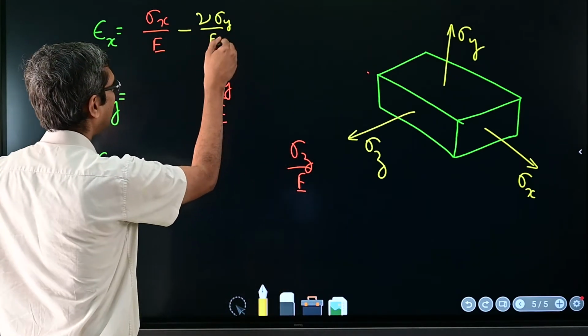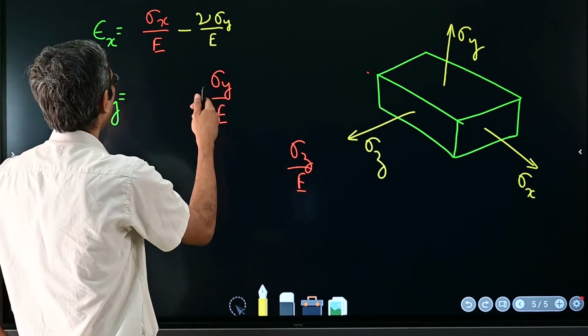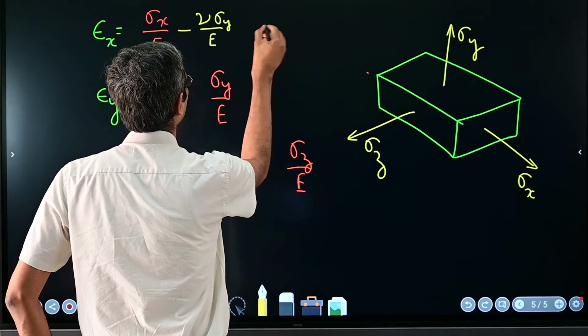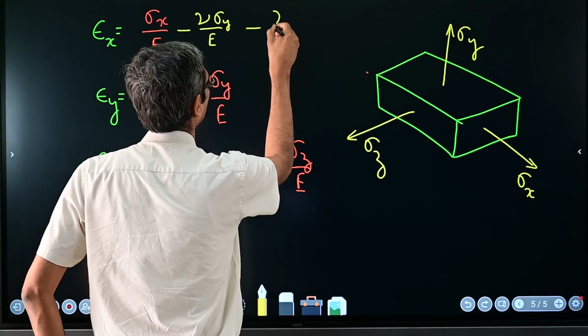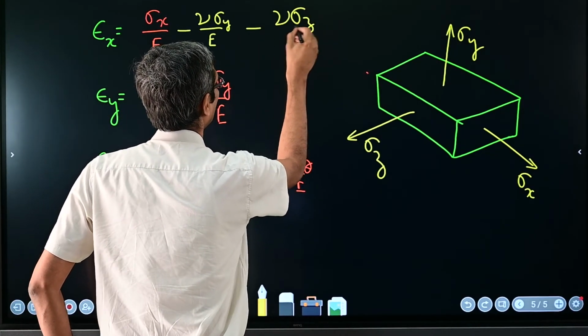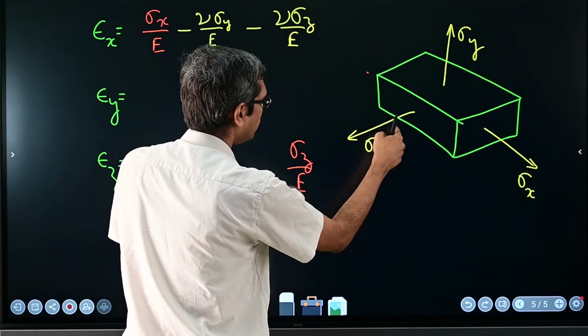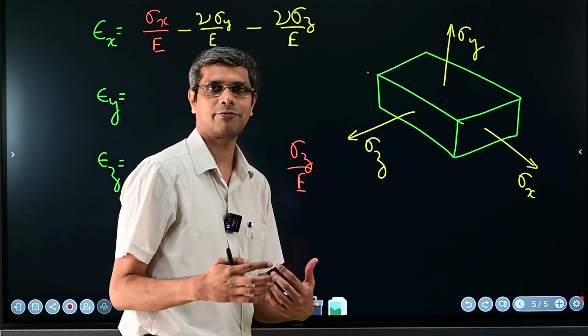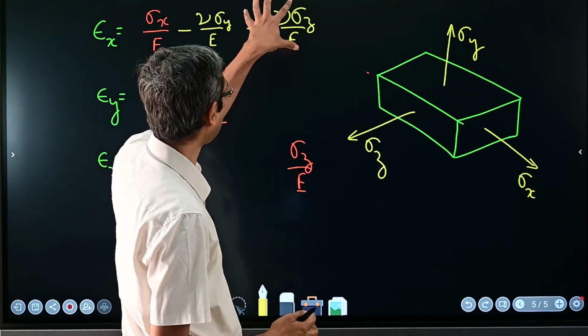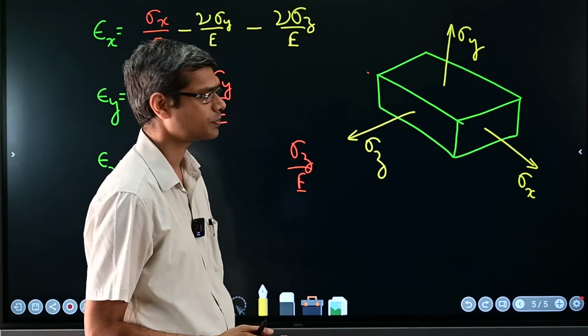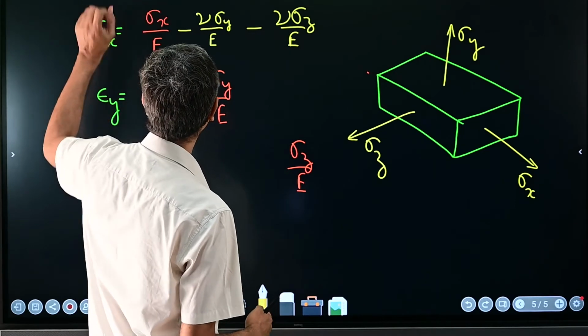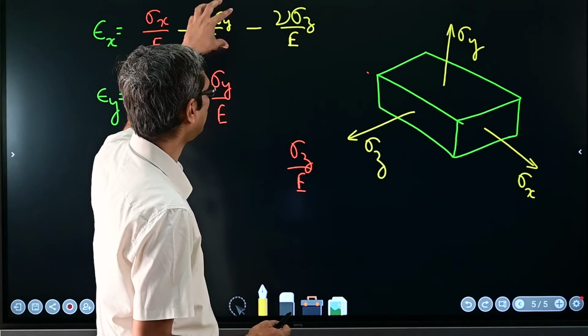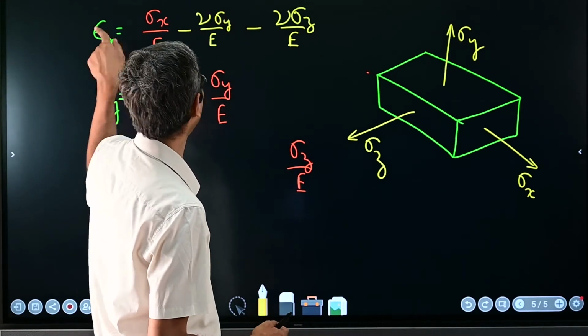These portions are lateral in a way. Similarly, for another term, nu sigma z over E: if you consider sigma z to be axial, then x is again lateral. So this is the lateral component for the z direction, and this is the axial component for x, lateral for y.